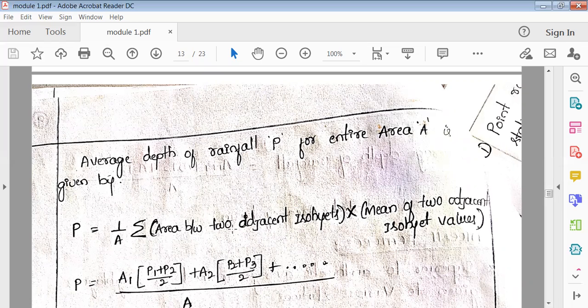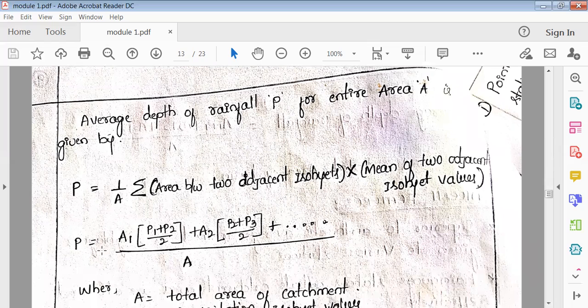Okay, for example, the meaning of this is, it is A1, the area between the two adjacent isohyets, then the mean of the two adjacent isohyet values, so it is P1 plus P2 divided by 2, plus A2. So it's basically again area into its P value.